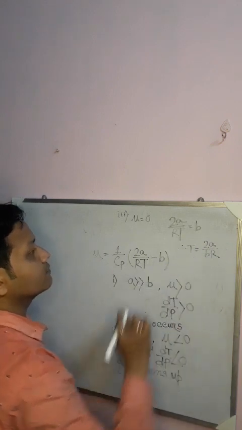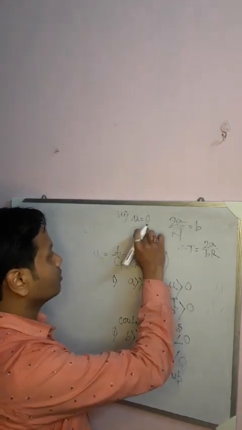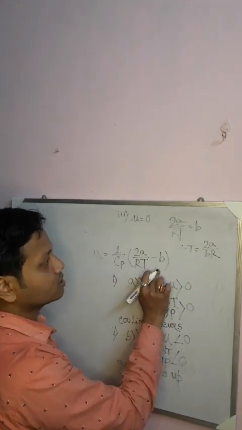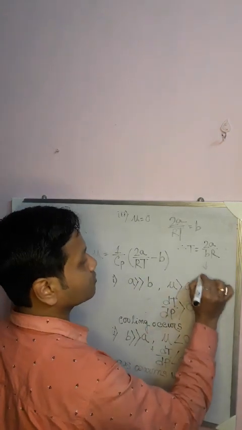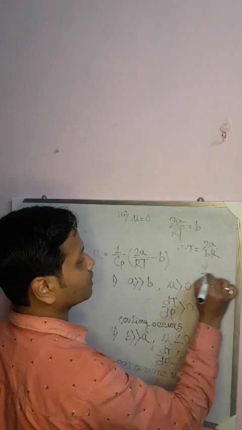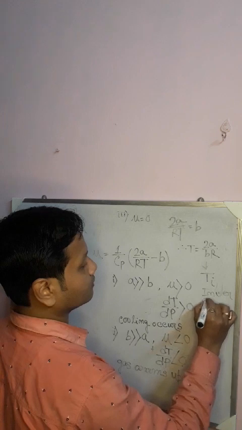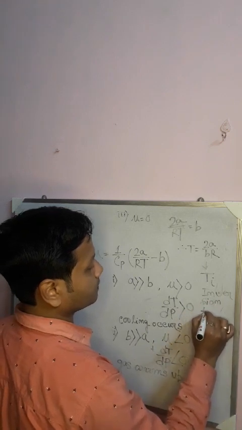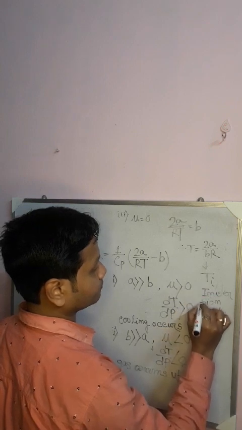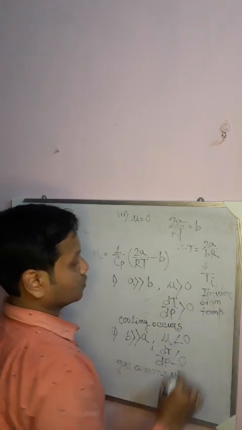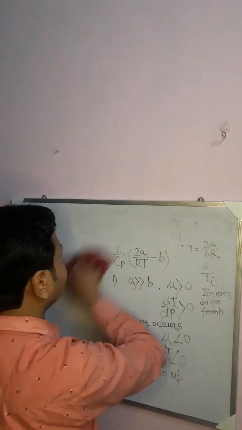For mu equal to 0, this term becomes 0, so T will be 2a by bR, and this is called the inversion temperature Ti. This is the expression of inversion temperature.